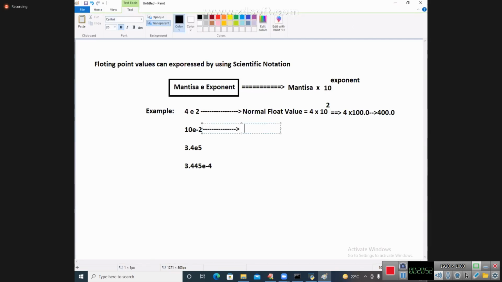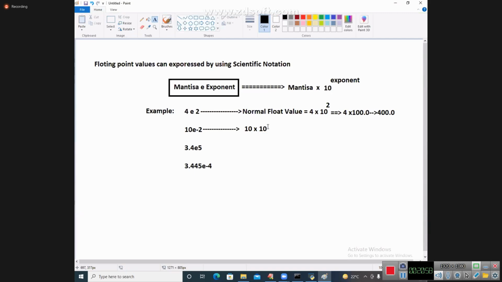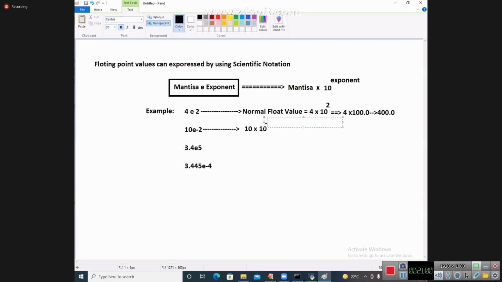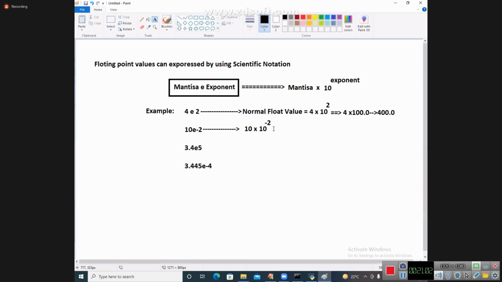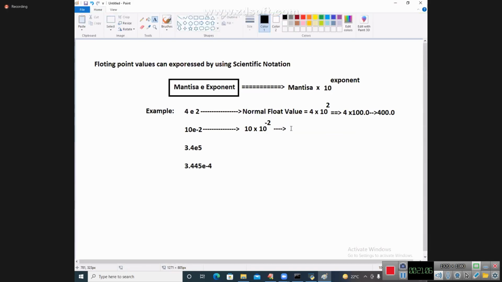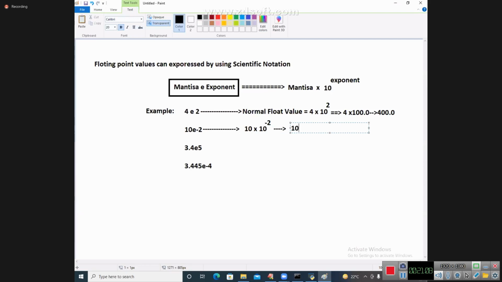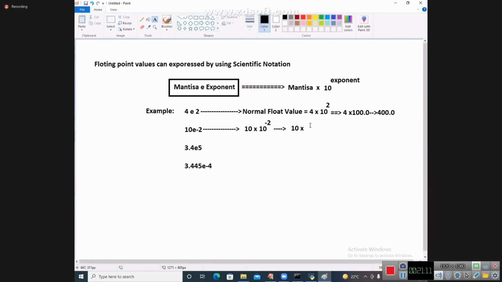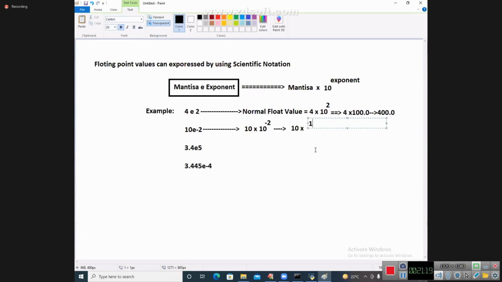What about 10E minus 2? How do you write it? 10 into 10 to the power of minus 2, which is nothing but 10 into 1 by 10 square.